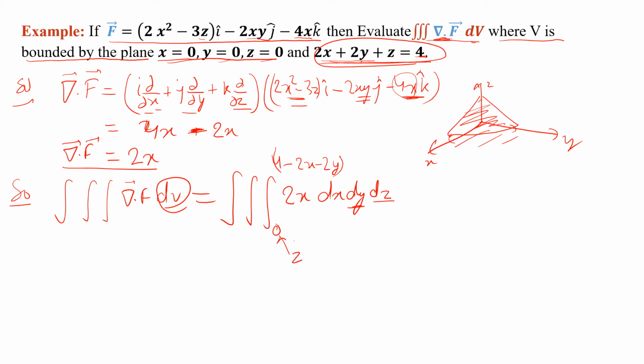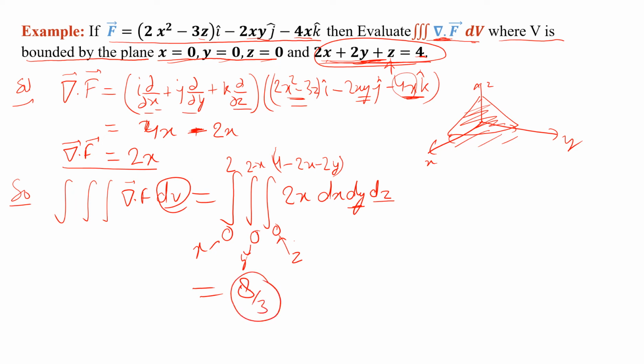When we take the limit of y, we put z = 0, so y goes from 0 to 2 − x. For x, we put y and z equal to 0, so x varies from 0 to 2. Now you just take the integration and you get the value, that is 8/3.